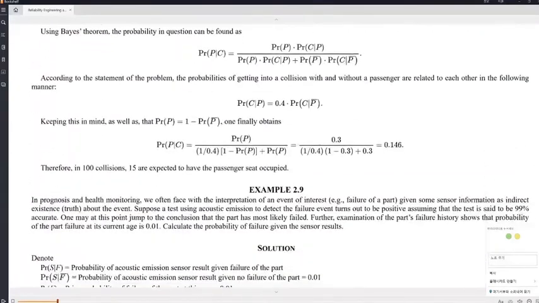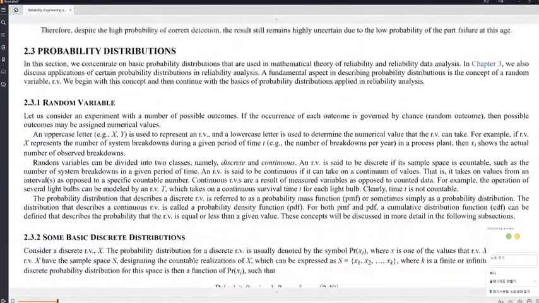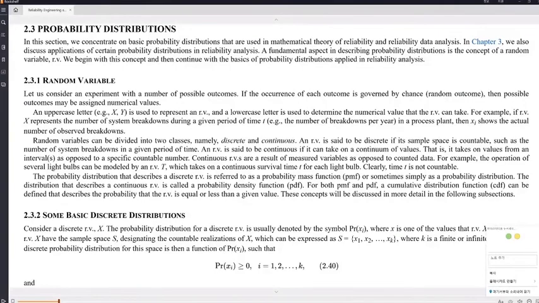Let's go back to our textbook. So random variable. Let's consider an event with a number of possible outcomes. When you talk about a variable, it has a fixed outcome. When x equals 3, then x is always 3.